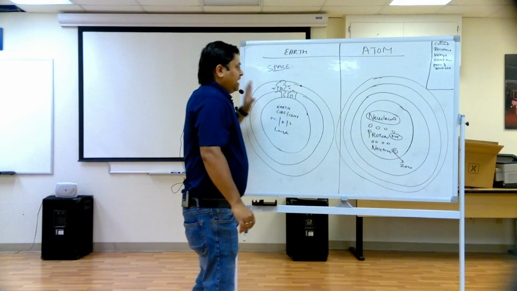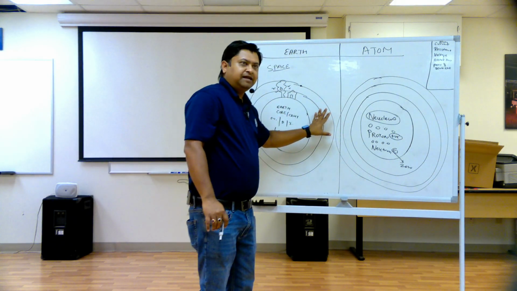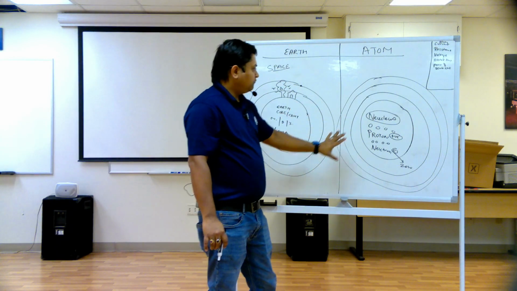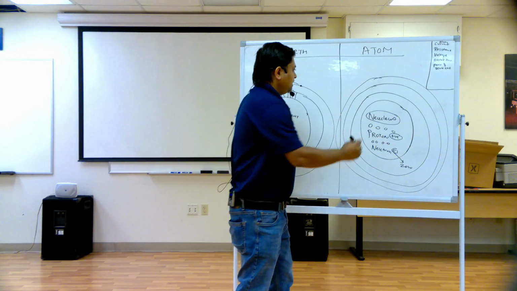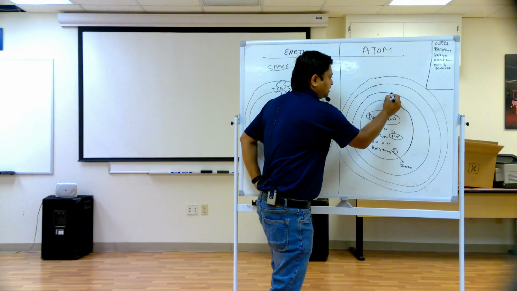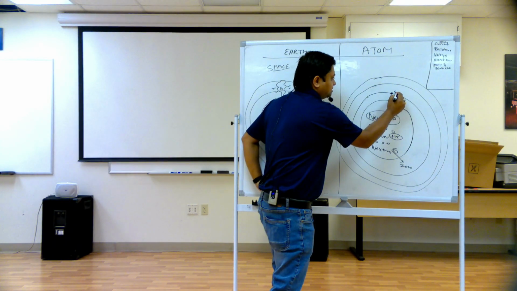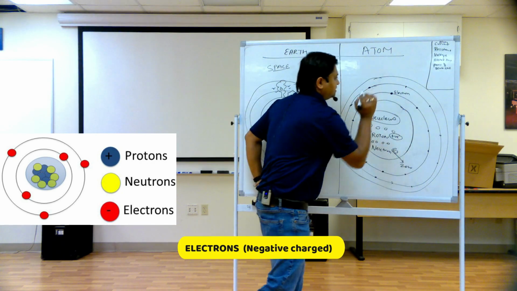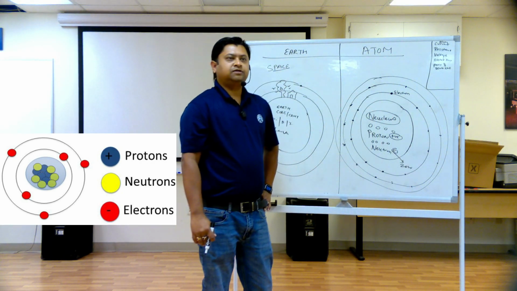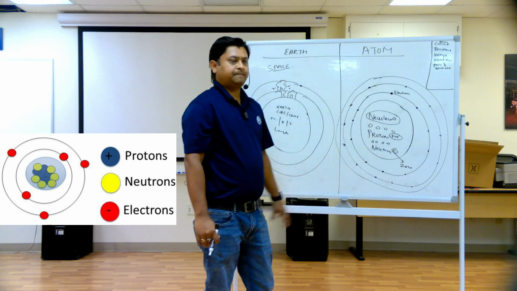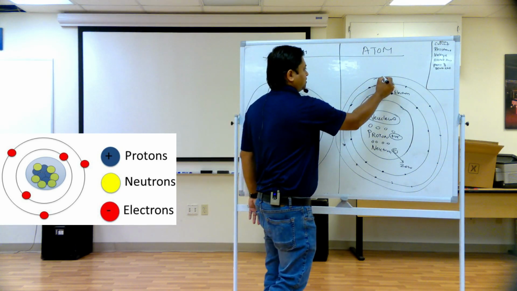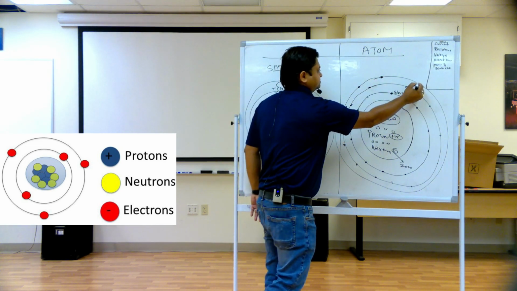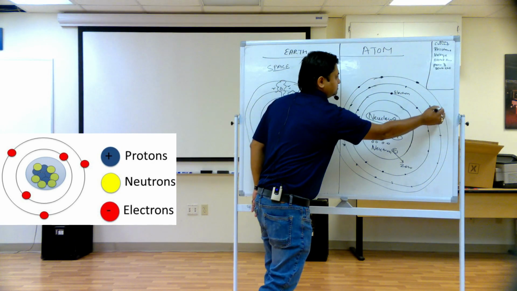Instead of gases, for the atom there are electrons, lots and lots of electrons surrounding this nucleus. You have electrons on the outer side also. Any doubt?